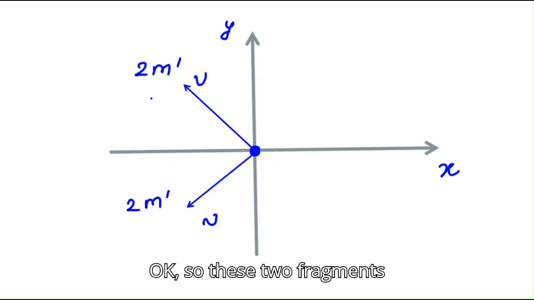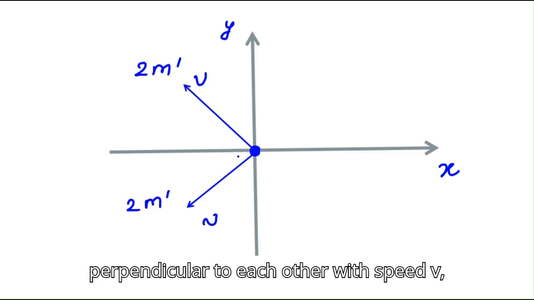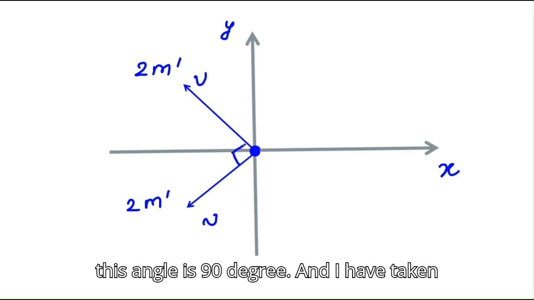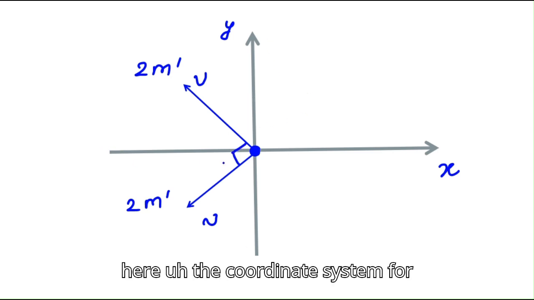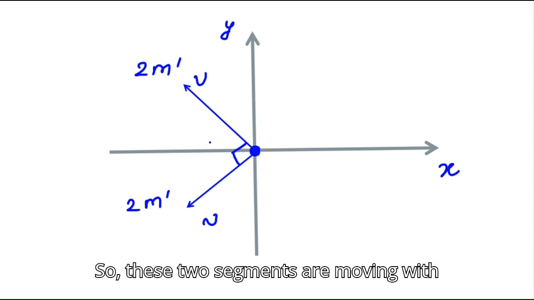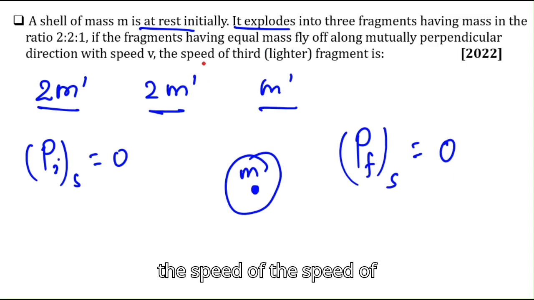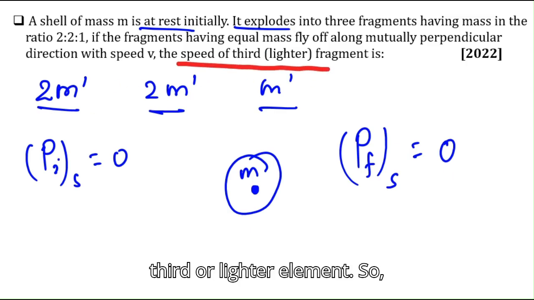Okay, so these two fragments having equal mass are moving perpendicular to each other with a speed v. This angle is 90 degrees, and I have taken here a coordinate system for reference to make things easier. So these two fragments are moving with some speed v, and now we have to calculate the speed of the third, lighter fragment.